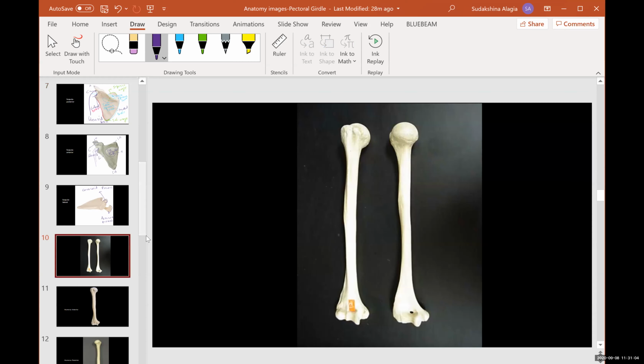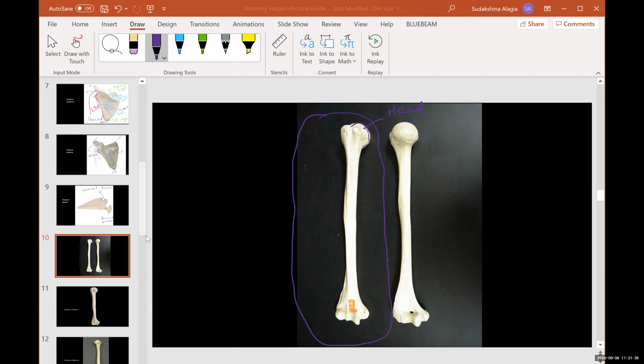So if we are just looking at this one here, look at that globular part, round globular part. This is what we refer to as the head of the humerus, which articulates with glenoid fossa.